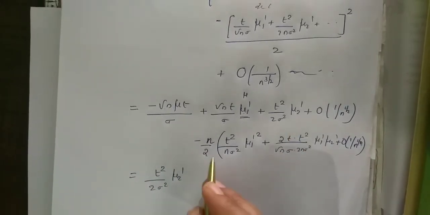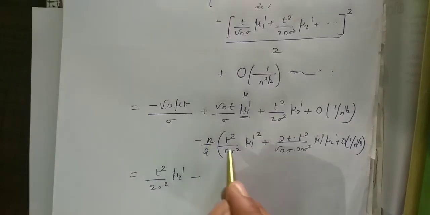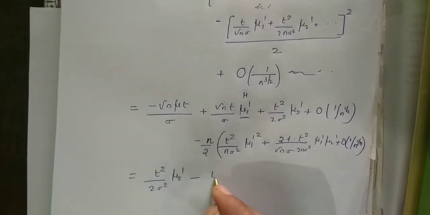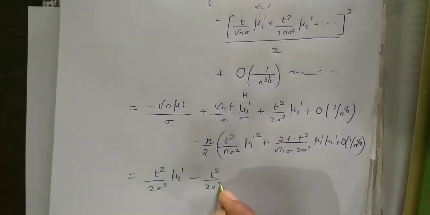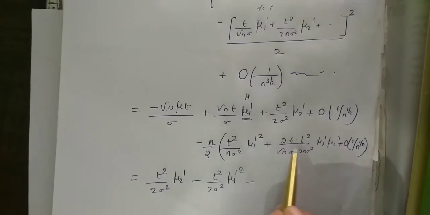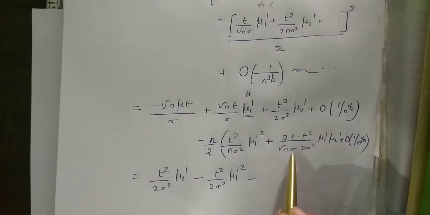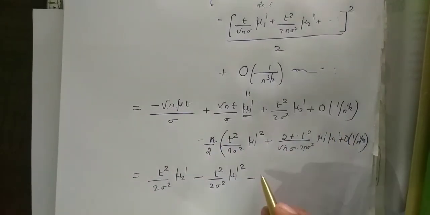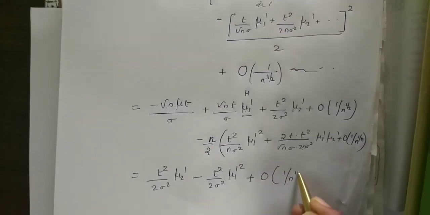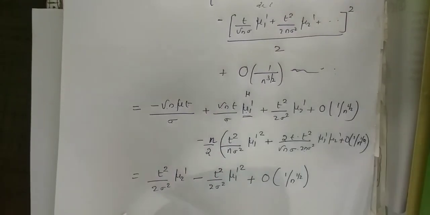Next consider this one. Here if you multiply this with n by 2, here n will cancel and we get t square by 2 sigma square into mu 1 dash square minus. The next term has this n, so we are writing all as the higher power of 1 by n raised to 1 by 2.